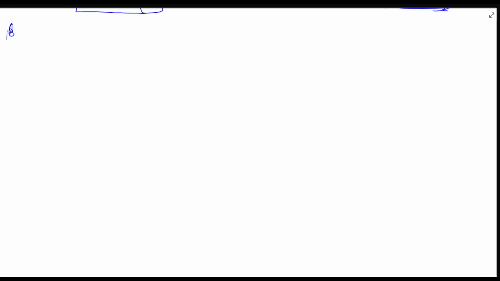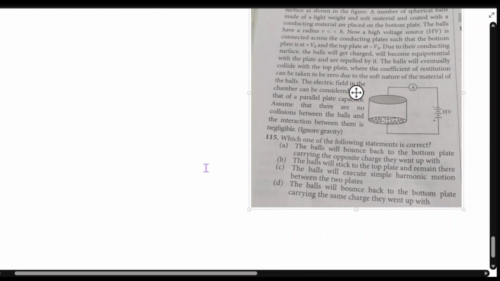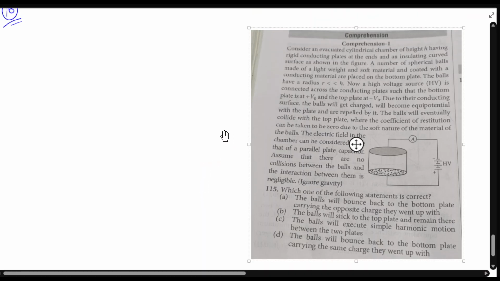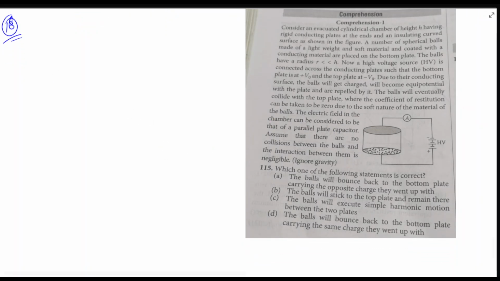Let's move on to our 16th question. So we have a comprehension. So, okay. Consider an evacuated cylindrical chamber of height h having rigid conducting plates at the ends and insulating curved surface as shown in figure.